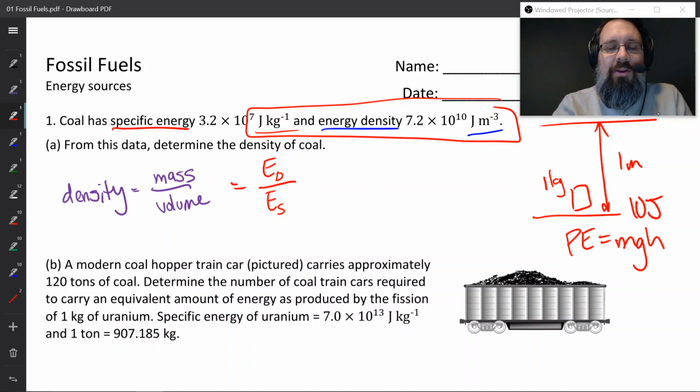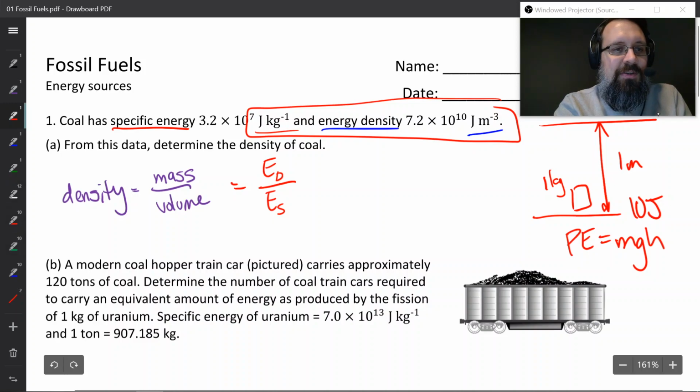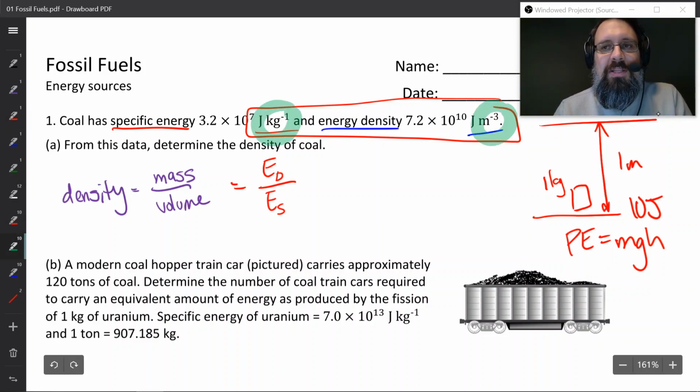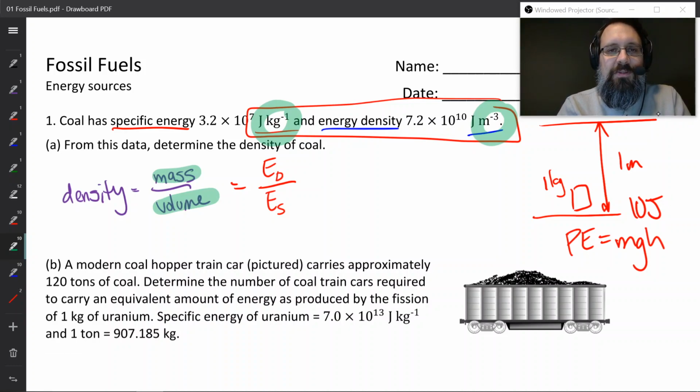The way that we get kilograms per cubic meter is to look at these units here. We've got per kilograms on this one and per cubic meters on this one. So we're going to need to divide by the reciprocal of those two things. We're going to put the specific energy on the bottom and the energy density on top, and we'll see how that works out.